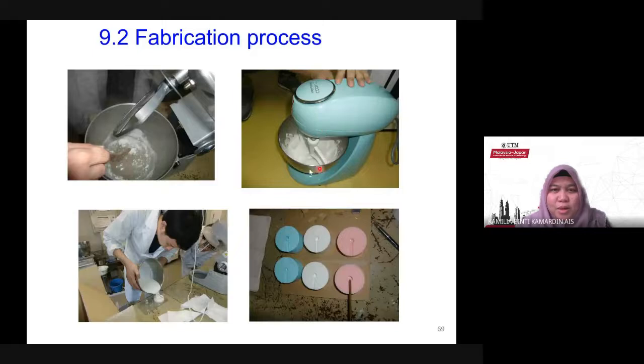And once we have a good solution, we will put it inside a mold container. And so we have this, and we put it inside the refrigerator, and we will get a nice phantom, and then we can start to measure the values of the permittivity and conductivity.